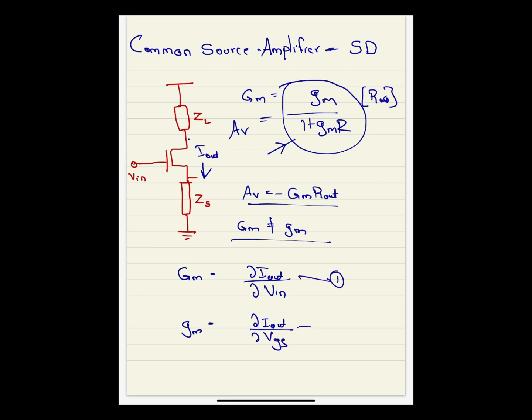This would be equation 1, this would be equation 2. From equation 2 I can write Gm equal to gm times dou VGS by dou Vin. Let us call this equation 3.